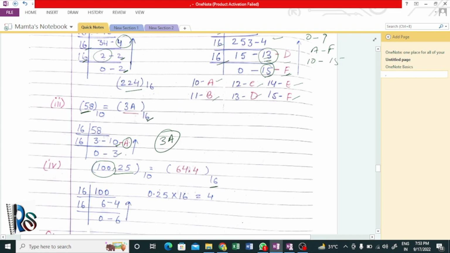So first we'll write the 6, then we'll write the 4. And what about the part that is to the right side of the decimal point? We need to multiply that part, which is 0.25, by the base of the hexadecimal number system. So it will be 4. So here after the point we'll write 4.